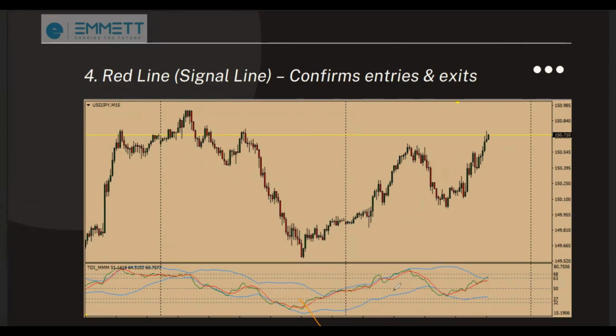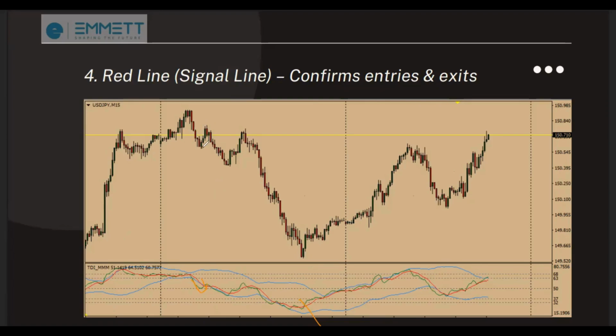Whenever these two lines cross, we have a trade. All right. But again, you have to know what kind of trade you have. It could either be a short-term trade, meaning a scalp opportunity, or it could be a long-term trade, meaning a reversal.